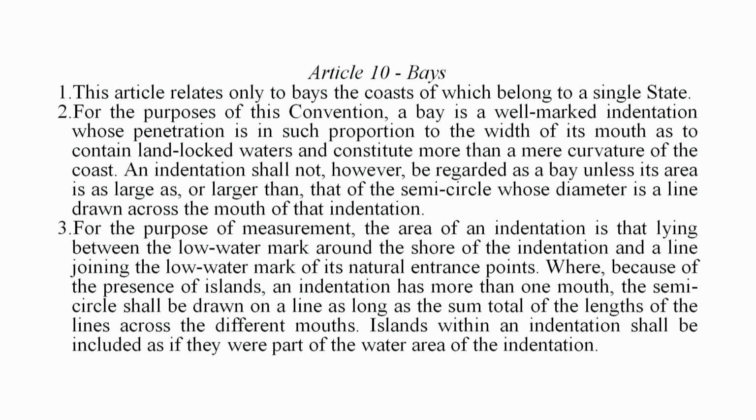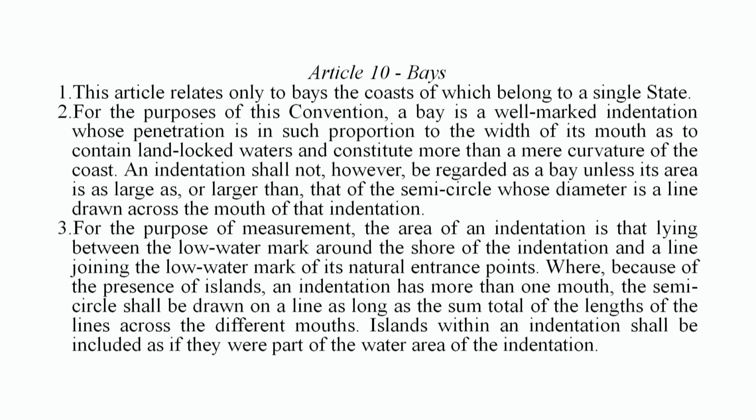So firstly, I go with the definition clause under Article 10 of the UNCLOS about the bay. This article relates only to bays the coast of which belongs to a single state. That refers only to one state. For the purpose of this convention, a bay is a well-marked indentation whose penetration is in such proportion to the width of its mouth as to contain land-locked waters and constitute more than a mere curvature of the coast.